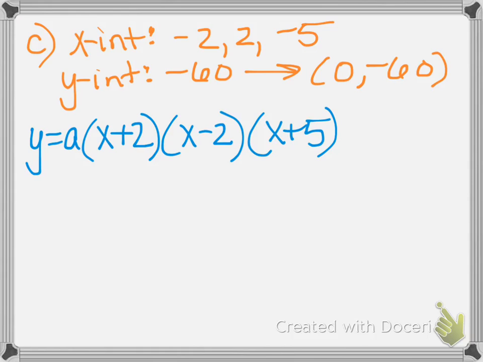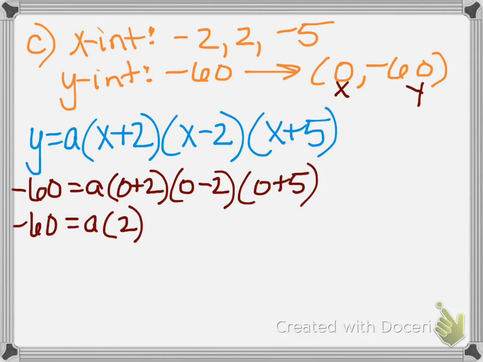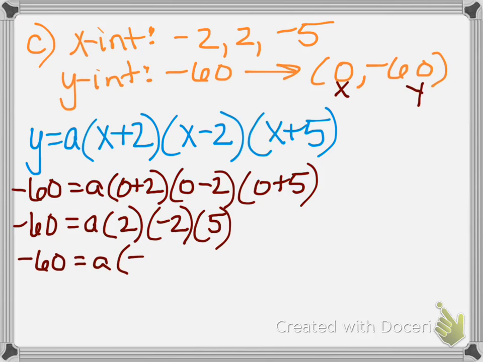Let's substitute in our points. So we have x and y. So -60 equals A times 0 plus 2, 0 minus 2, 0 plus 5. -60 equals A times 2 times -2 times +5. So -60 equals A times -4 times 5, which is -20.